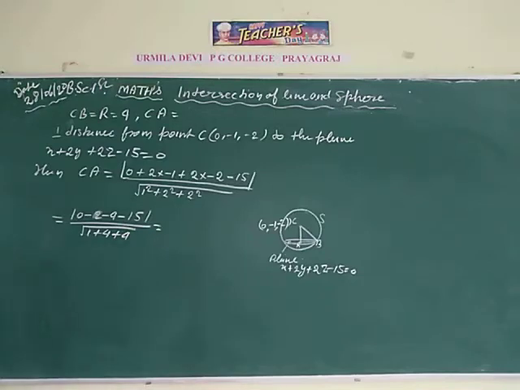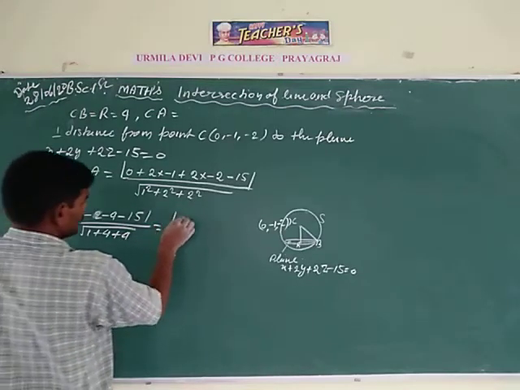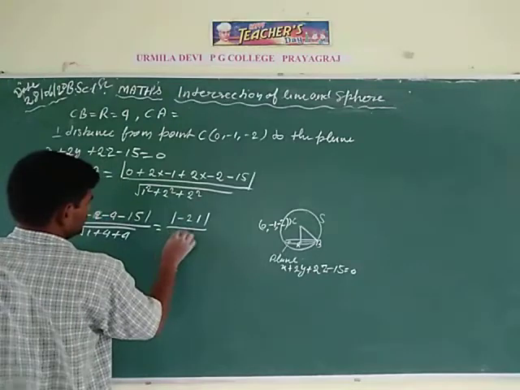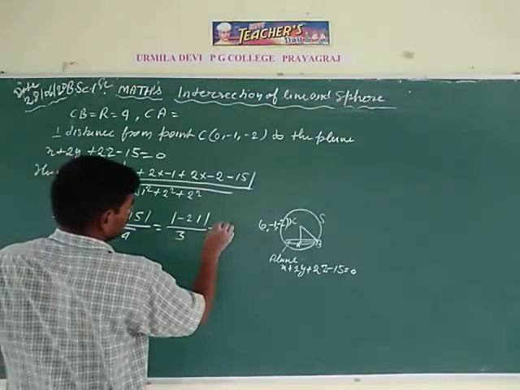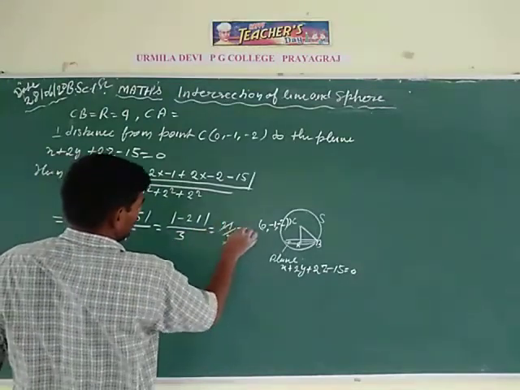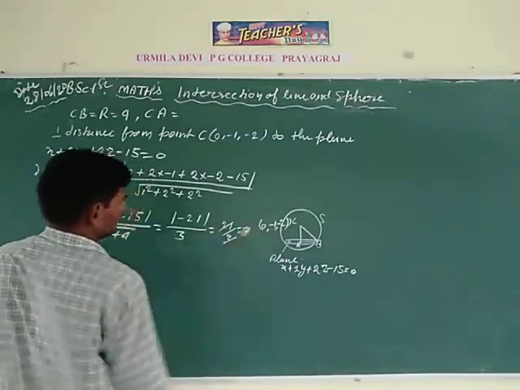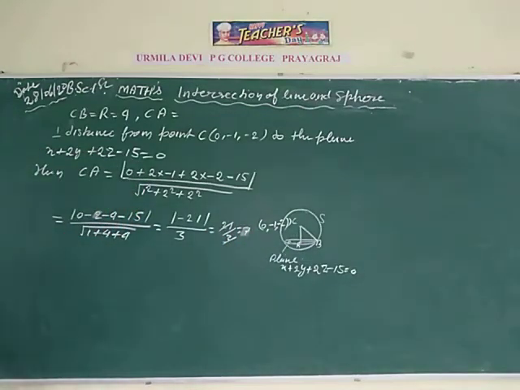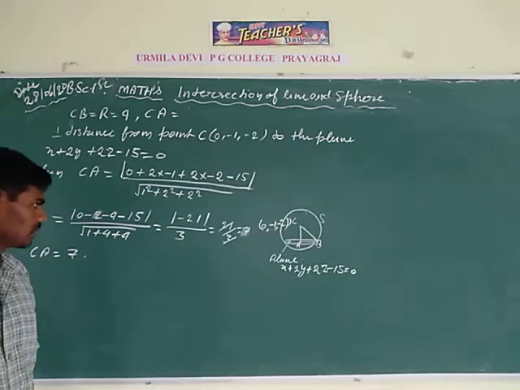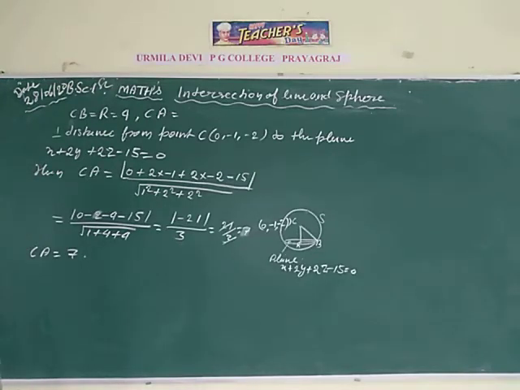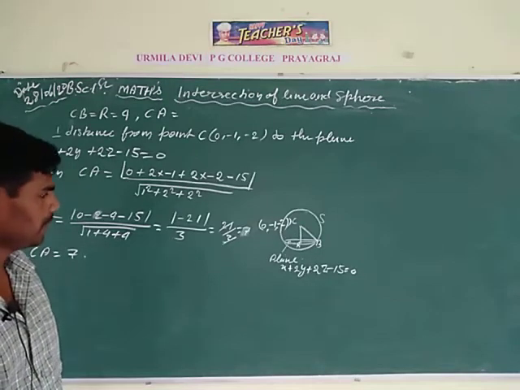So the mod of minus 21 divided by 3 is equal to 21 by 3, which is 7. So the distance CA is equal to 7, the perpendicular distance from C to the given plane.